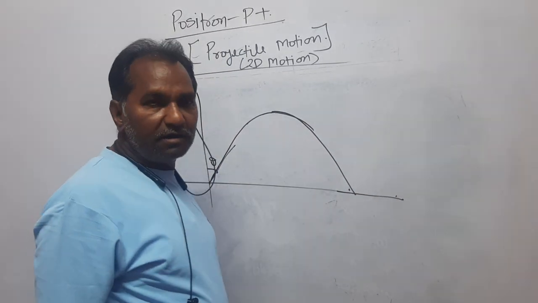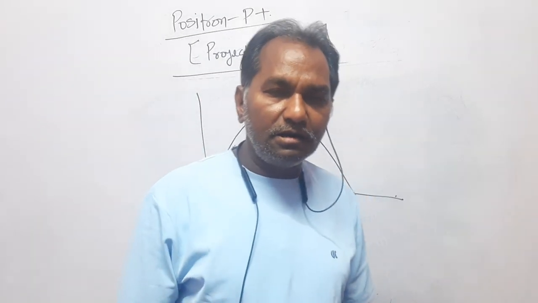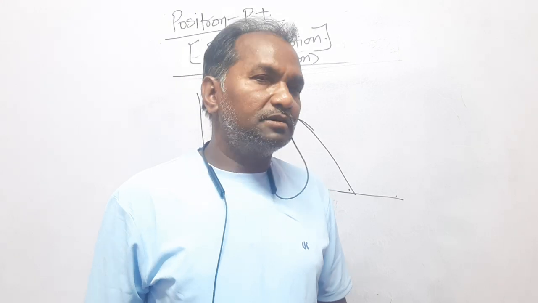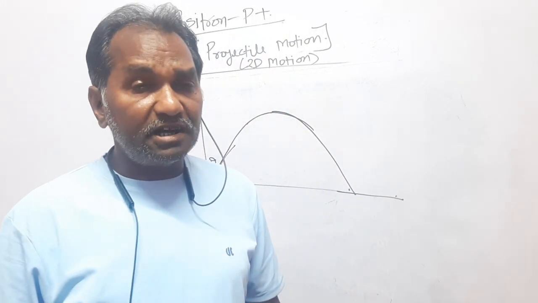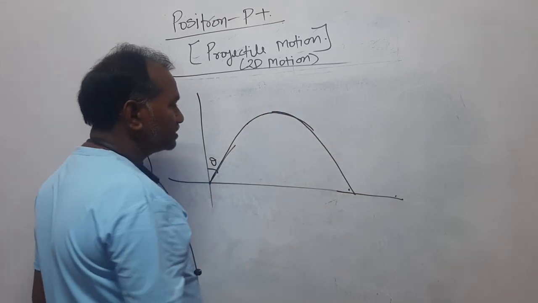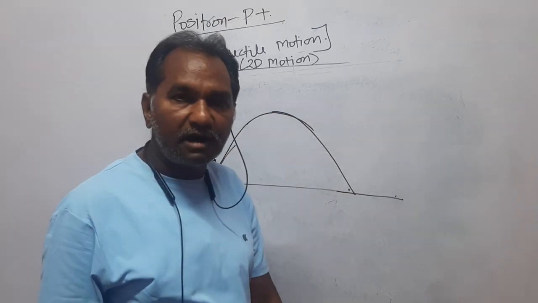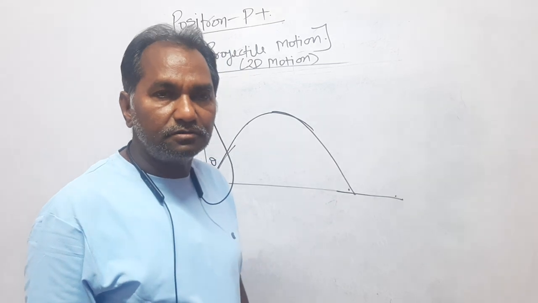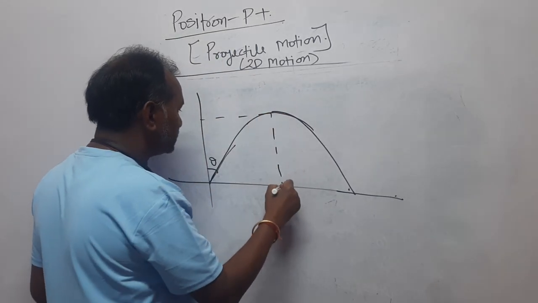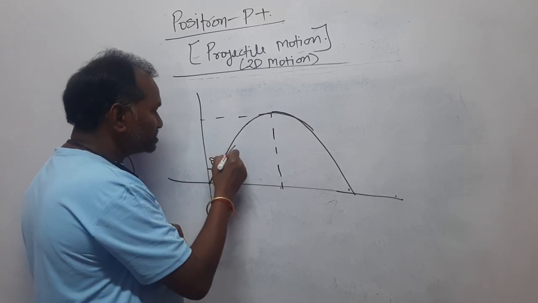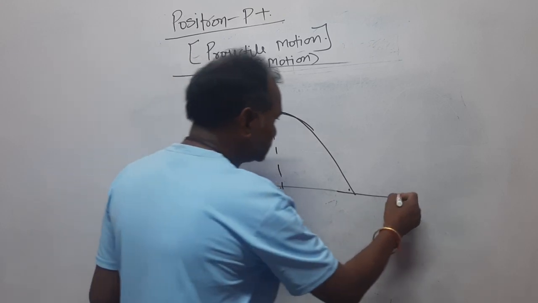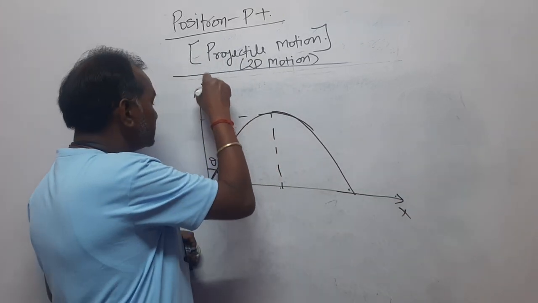Dear students, any projectile projected making some angle from the vertical will follow a parabolic path and return. First it will go to the maximum height and then return back to the ground. Look here. The interesting fact is this: let this be the origin, this is the x-axis, this is the y-axis.